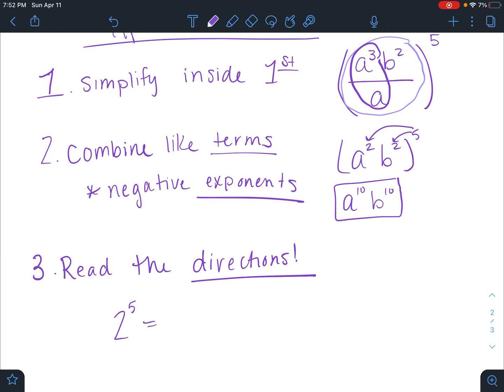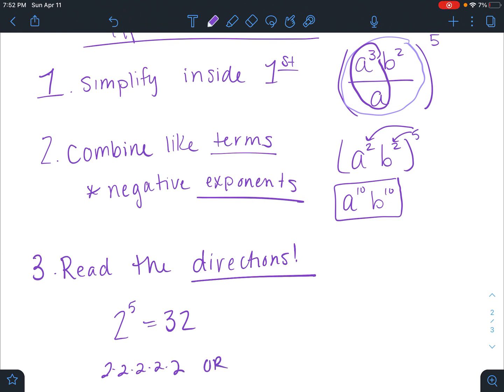So for example, 2 to the 5th power is going to be 32. So it would want 32. Now you ask, how did you get 2 to the 5th power? One, you could multiply 2 five times. So you could do 1, 2, 3, 4, 5.